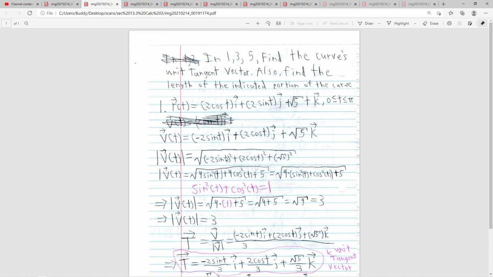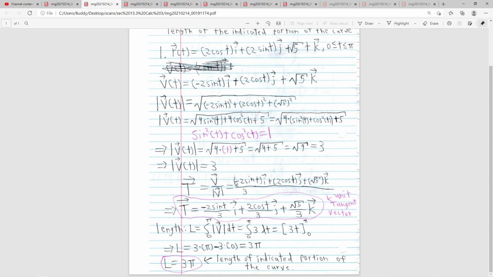The magnitude is the square root of 4 sine squared t plus 4 cosine squared t plus 5, which is 4 times the sum of sine squared t and cosine squared t, plus 5. And this is 1, because sine squared plus cosine squared equals 1.